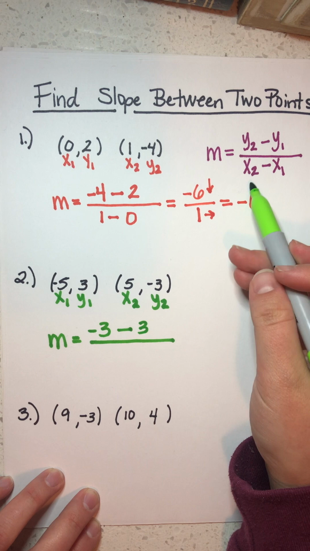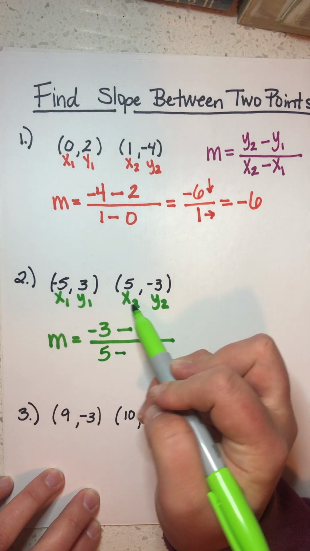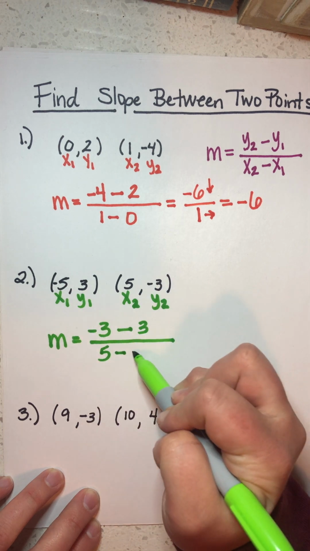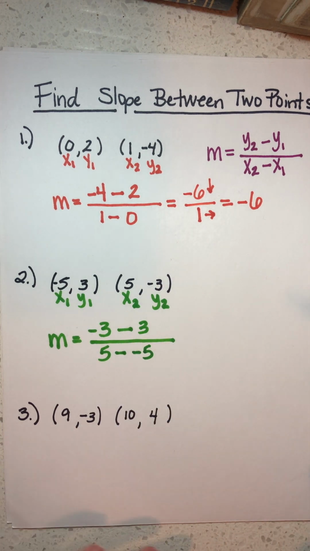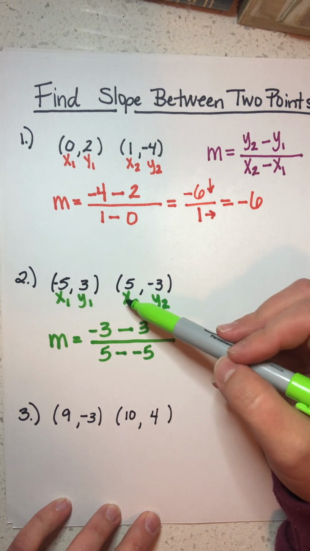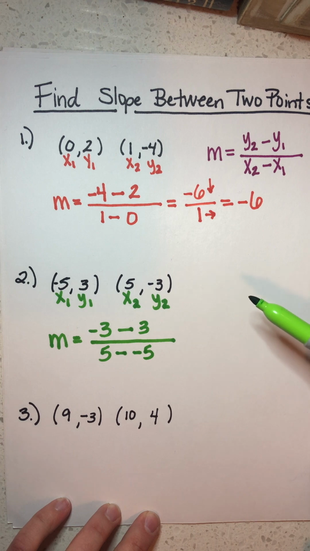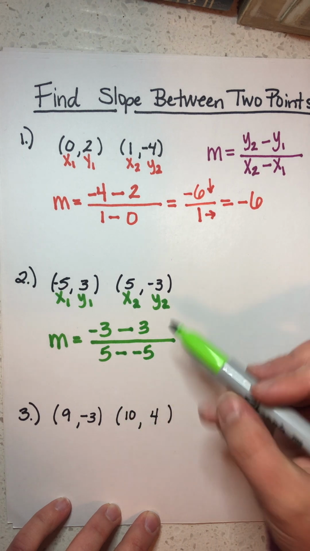Then on the bottom we have x2 minus x1, so x2 is 5 minus x1, which is -5. What I tell my students is you just follow the formula and substitute the numbers into the spots. Then you can deal with any crazy simplifying so that we don't forget negatives.